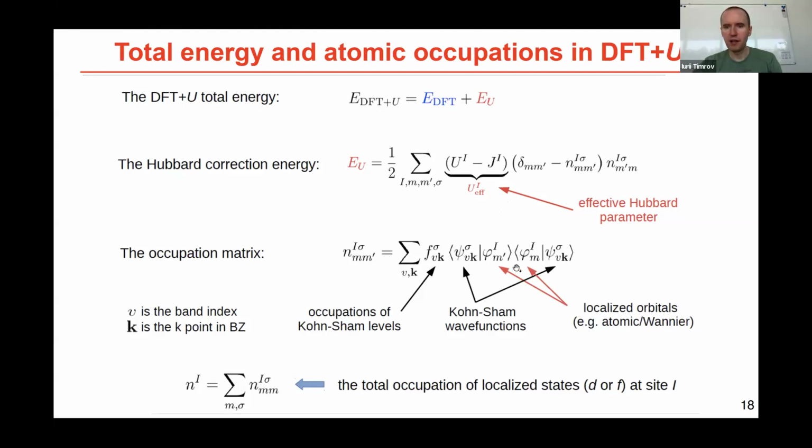It can be atomic or Wannier. That's kind of flexible on the one hand, but on the other hand, it also creates a bit of a problem because we don't know what the Hubbard U is. We need to choose it somehow. And the localized basis set, again, you can choose it. Everybody can choose a different localized basis set, and then when we want to compare results, it's not easy to do because we have different choices.